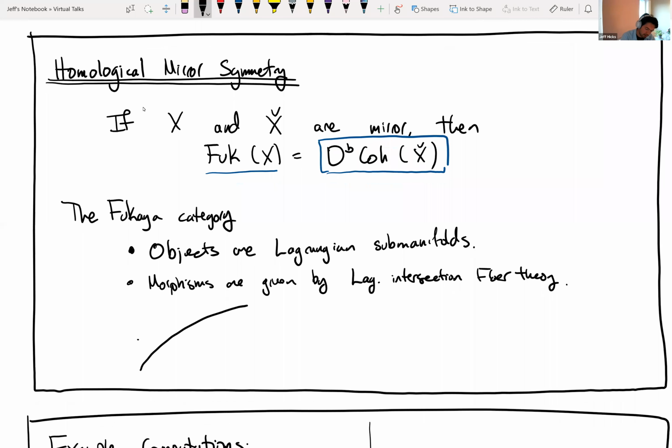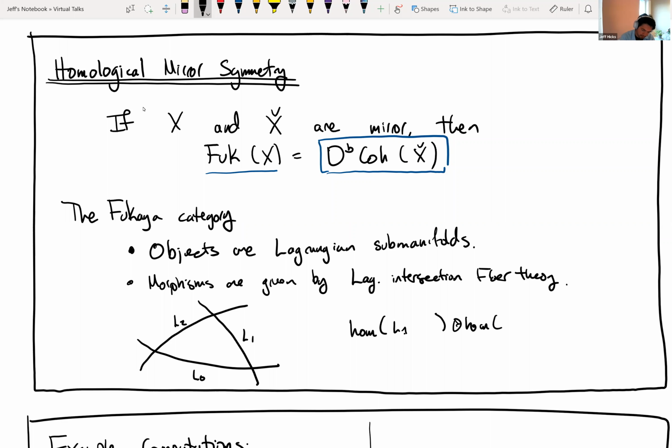So if you have Lagrangians L0, L1, and L2, then the composition from Hom L0, L1 tensor Hom, oh, I think I have these backwards.